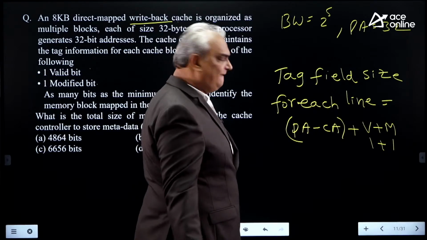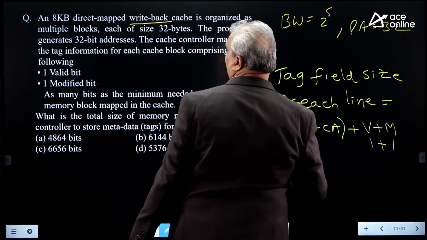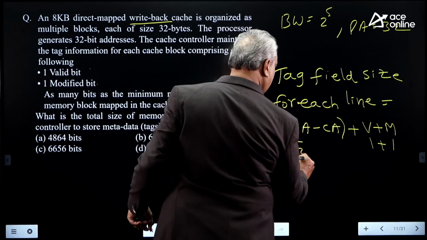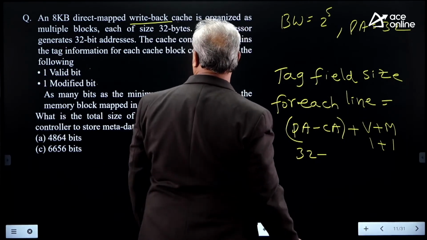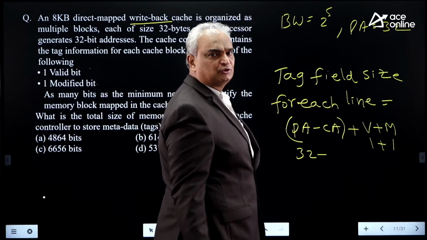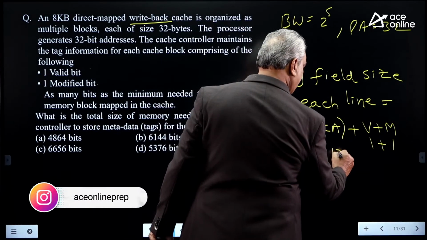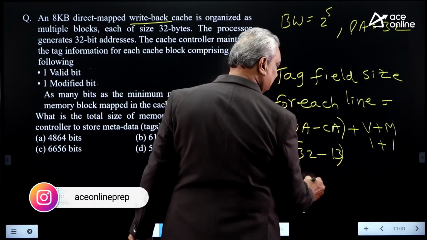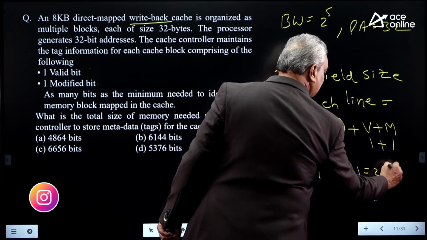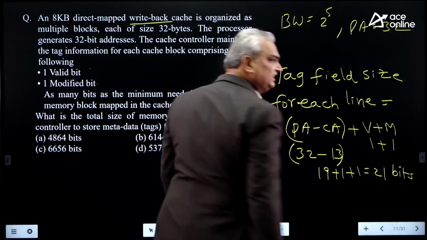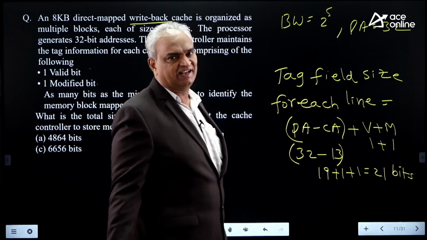What is PA? PA is nothing but 32. What is CA? Size of cache memory is 8 KB. 8 K means 2 power 13, means 13. Here it is nothing but 19 plus 2, means 21 bits. 21 bits are required for each cache line.